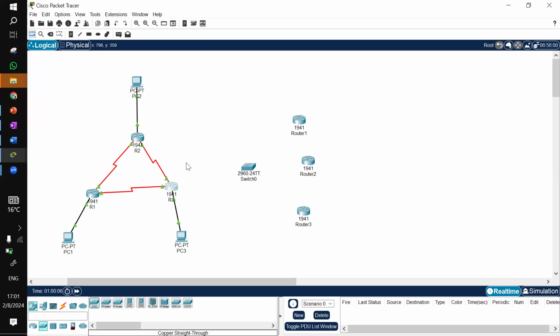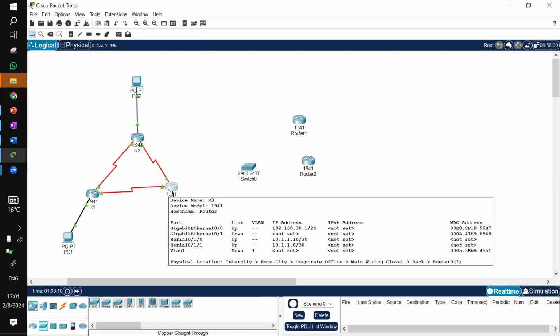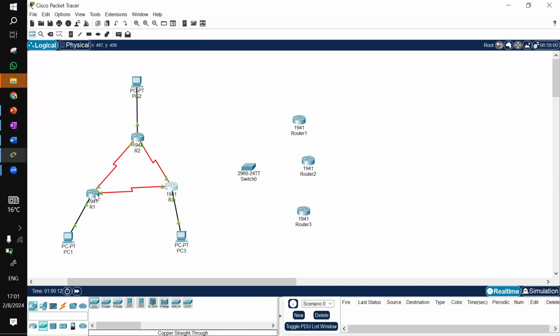In simple terms, you can see this router, R3, shares routing protocol messages with router 1, or using this link, it shares with router 2. That is a point-to-point. It can only share with one device. So this link is used to share with R1, and this link is used to share with R3. That is a point-to-point.